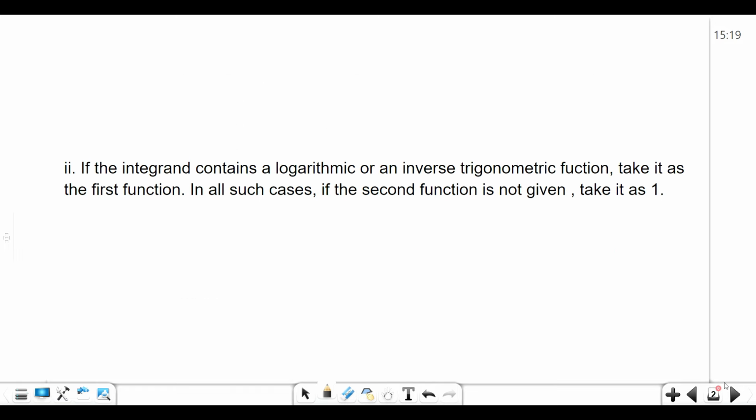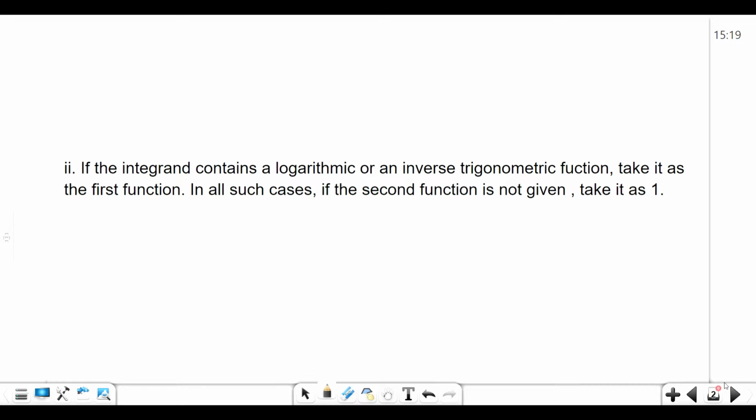Now the rule number 2. If the integrand contains a logarithmic or an inverse trigonometric function, take it as the first function. Whether it is given as logarithmic or as inverse trigonometric function, you have to take it as the first function.